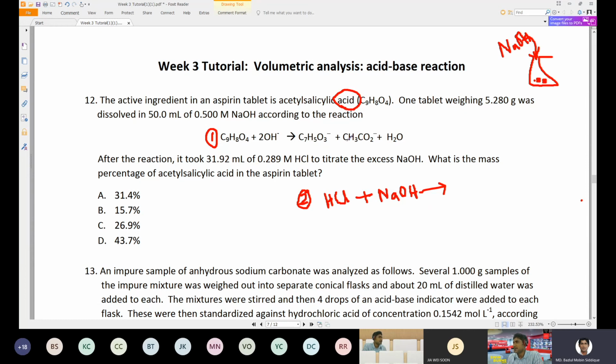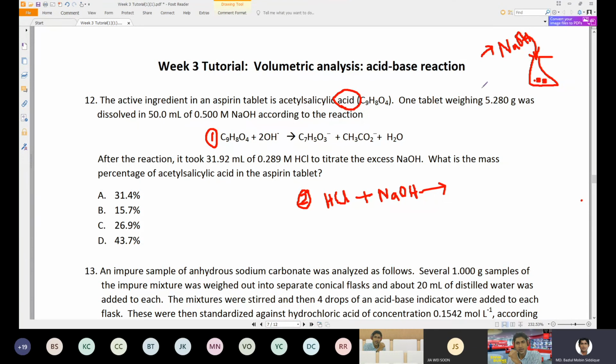So to make sure that all the salicylic acid reacts, I am putting in an excess amount, that I know I will not need this many, but I am still putting this much. But with one condition, that I know the concentration of the sodium hydroxide solution.